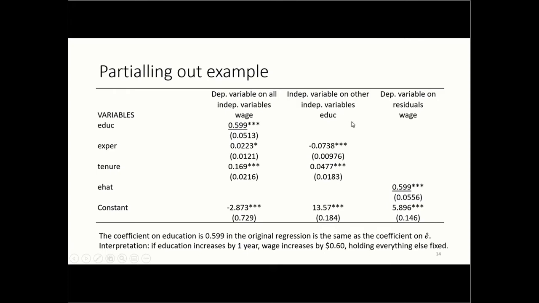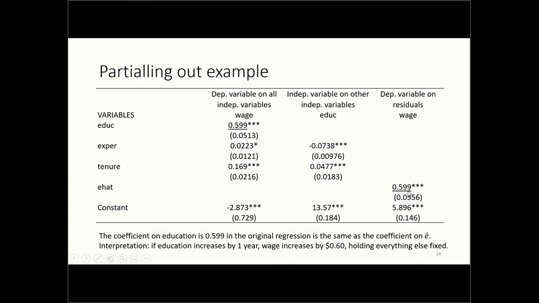From this regression that we estimated, we would be calculating the residual e hat, and that residual e hat would now serve as the independent variable. If we regress wage on this residual, that will be the coefficient. Notice that there are no other independent variables here, just this one.